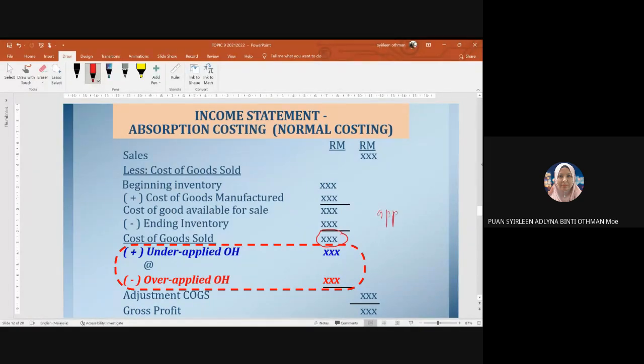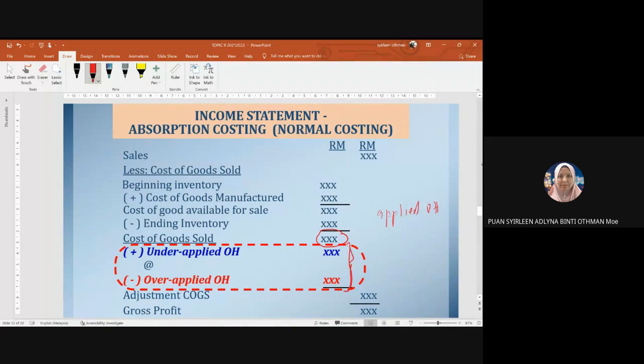Okay, so semasa kita buat adjustment applied MOH tu, kita akan dapati sama ada MOH kita over applied ataupun under applied. So bila kita buat catatan adjustment, actually you need to adjust sebelum kita boleh dapatkan kita punya gross profit. So adjustment tu sebenarnya dibuat di mana? Adjustment tu sebenarnya dibuat di bawah COGS di sini.